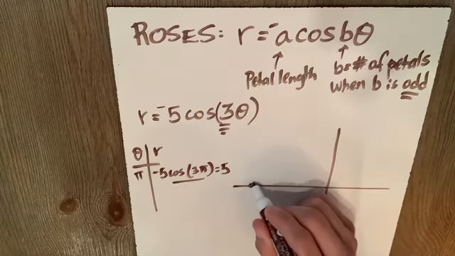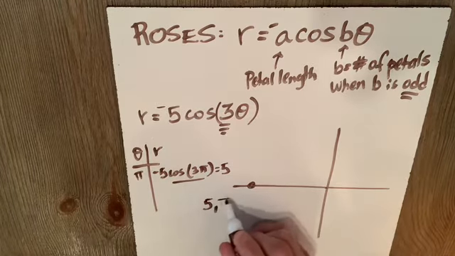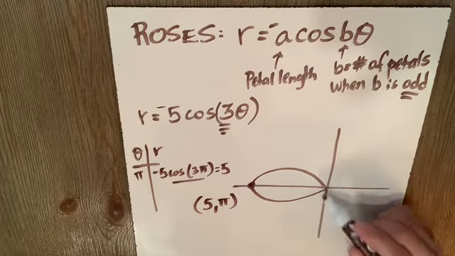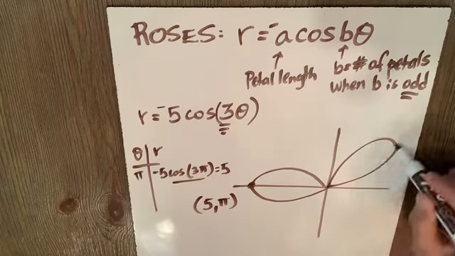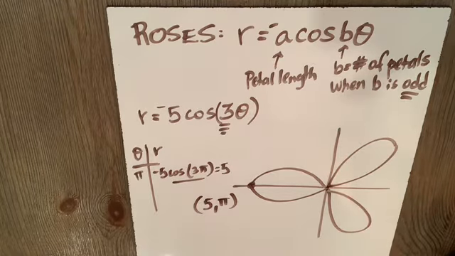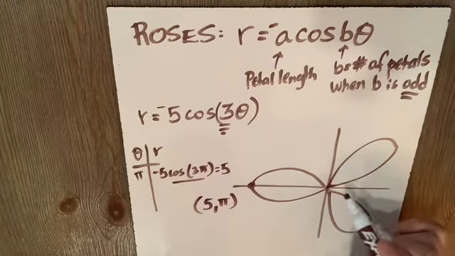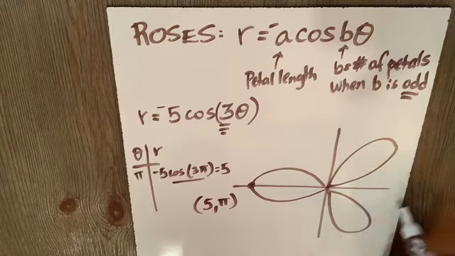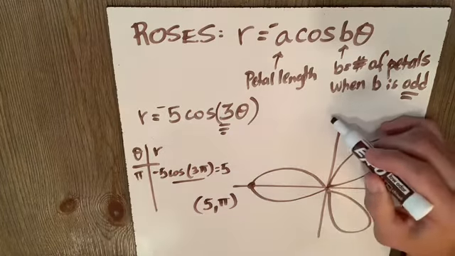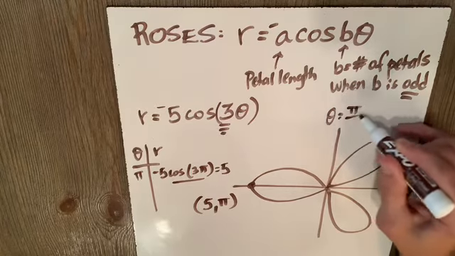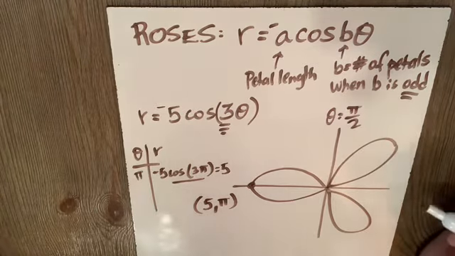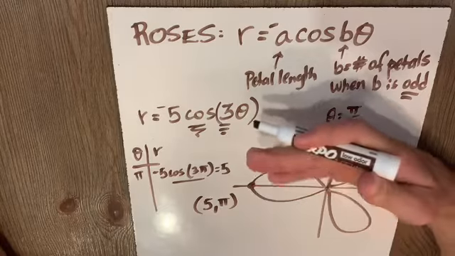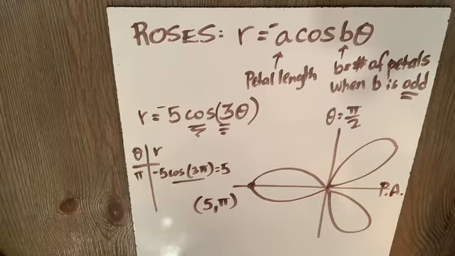I've got this point, a directed distance of 5 at an angle of pi. So here is one of my petals. And then of course, if I'm going 120 degrees or 2 pi over 3, it's going to look like that. Remember, the positive 5 cosine 3 theta was pointing to the right. If we put a negative, again, we've seen this before, it's going to reflect over this theta equals pi over 2 axis. Also notice, because we have cosine, we have at least this polar axis symmetry, and you can see whatever's happening above the polar axis is mirrored below the polar axis.